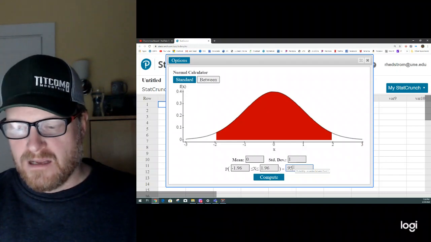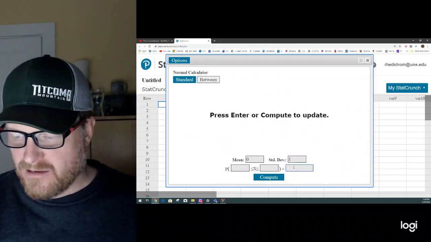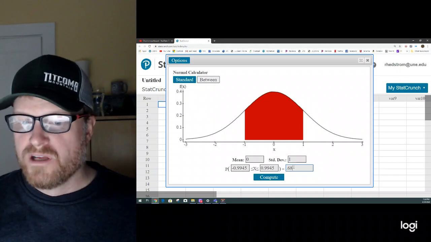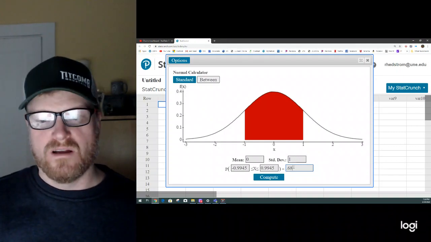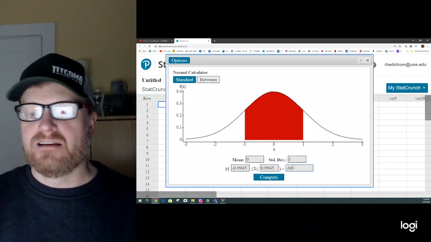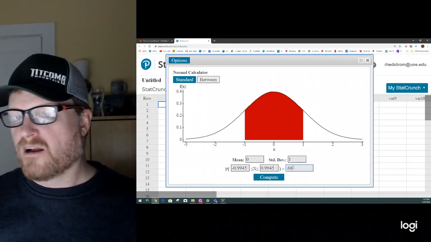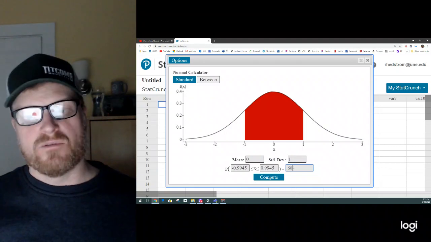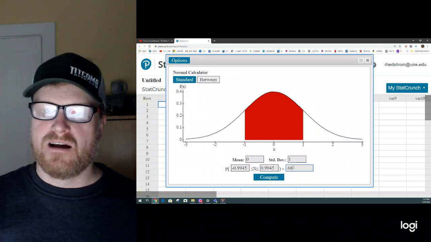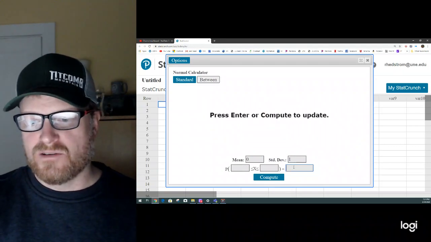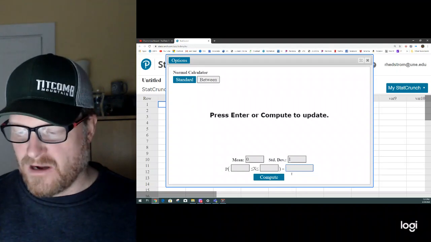If we look at 68%, or 0.68, it's really close to -1 and +1, but it's not exactly -1 and +1. So the empirical rule is a very close ballpark of the numbers we're seeing right here, but it's not exact. And when you're doing statistics, you want to be as exact as possible.